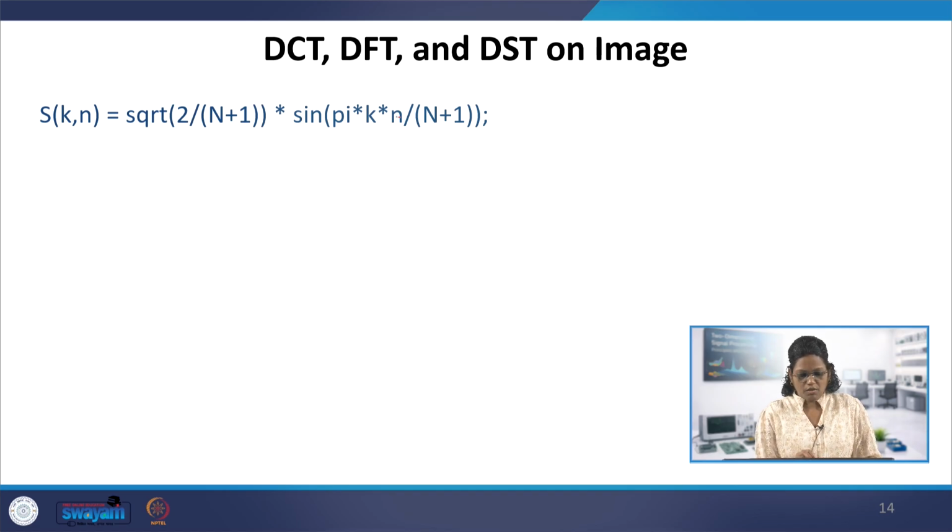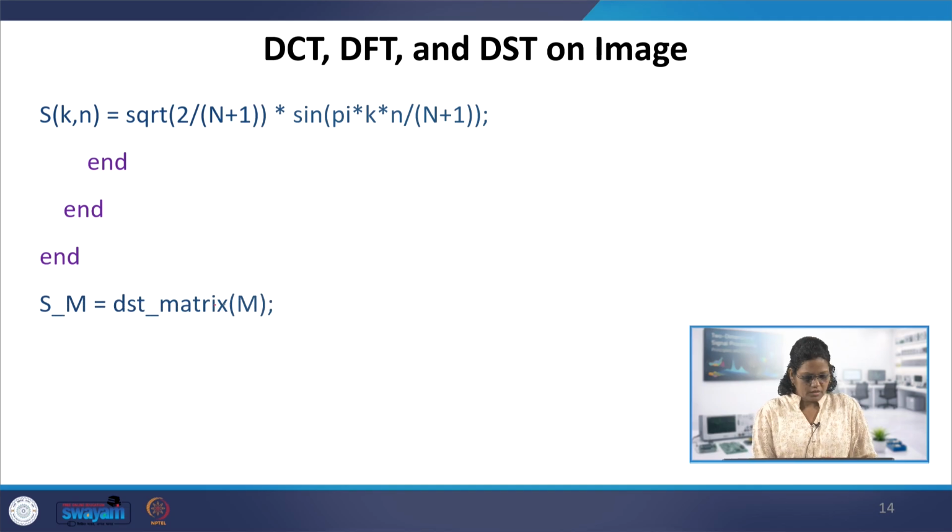So this is k plus 1 and n plus 1. Here k is already varying from 1 to n, so it is not made as k plus 1 and n plus 1. It's just taken as k and n. So this is the value of the DST matrix M.